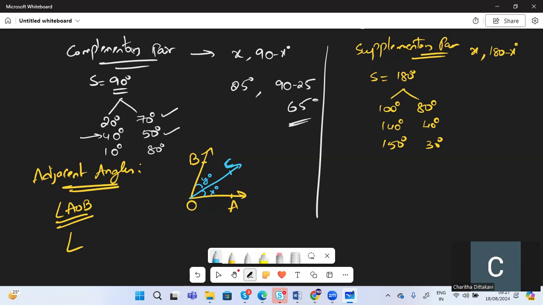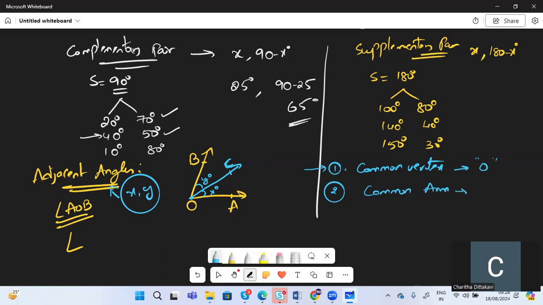Now coming to adjacent angles, there are 3 criteria it should match. First thing, it should have a common vertex. Angles x and y are adjacent angles because both x and y are drawn from the same vertex O. Vertex, in the sense, is the joining point of two rays. So the common vertex here is O. Next, the other one is a common arm.